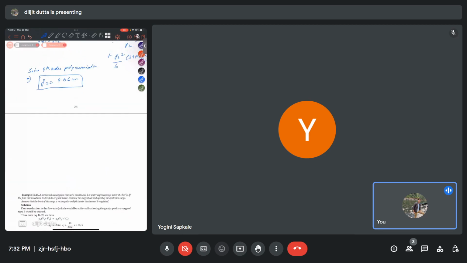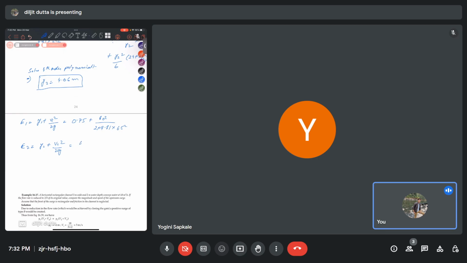So how do you obtain that? If E1 is equal to Y1 plus V1 squared by 2g, so this will be 0.75 plus 80 squared by 2 into 9.81 into 6.5 whole squared, and E2 is equal to Y2 plus V2 squared by 2g.